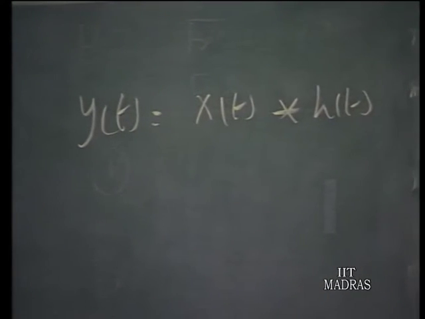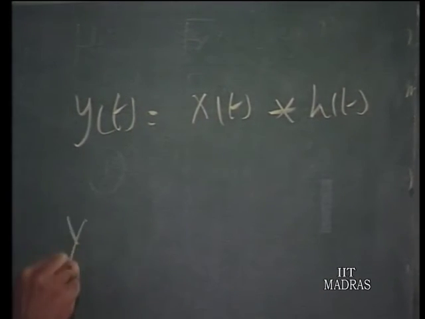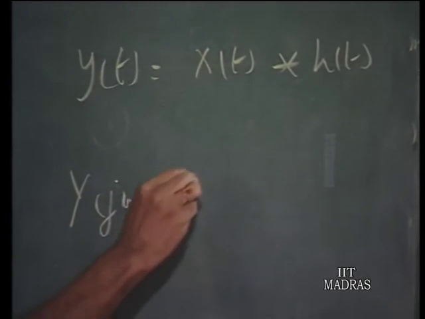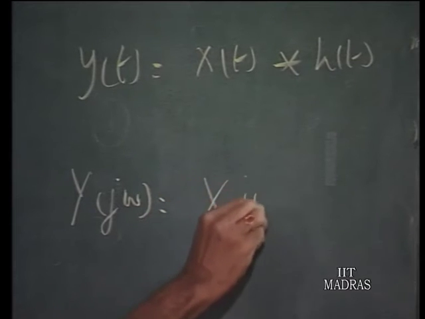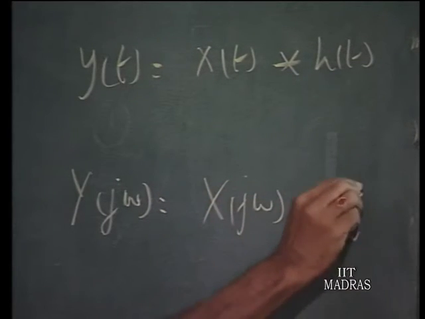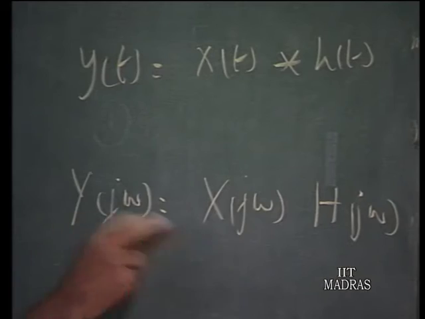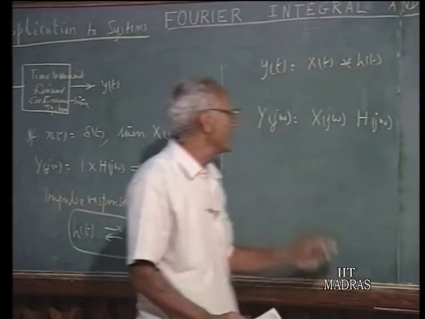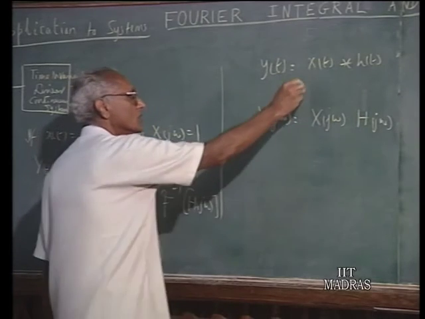And from the Fourier transform theory, we know that when you have two time functions convolved, the Fourier transform is obtained by taking the product of the Fourier transforms of the two functions which are convolved. So, that is exactly what we had here. Y of j omega is h of j omega times x of j omega. So, these two go in together.